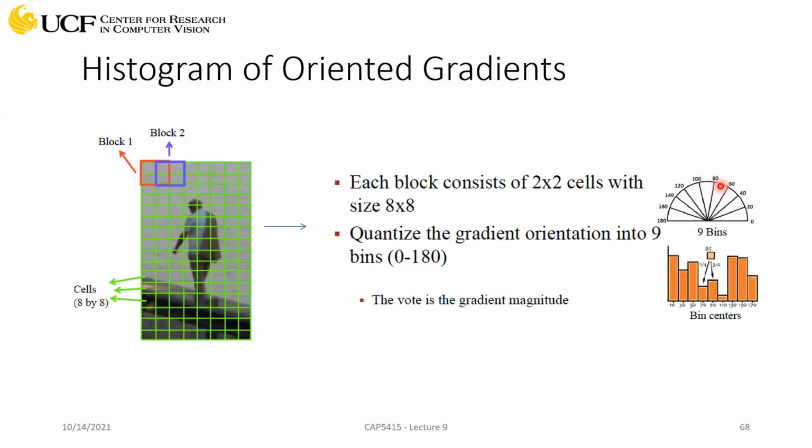We simply use weights. We see how close it is to the current bin and how close it is to the next bin. So for the case of 85, if we compute the distance of this orientation from the center of this bin, which is 90, that's 5 degrees, right?